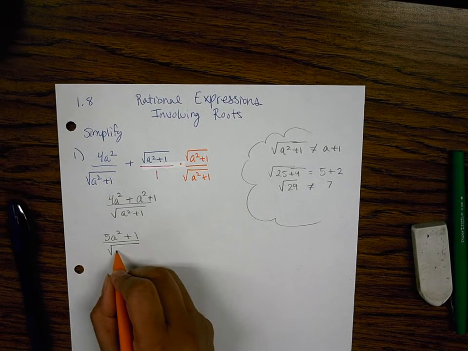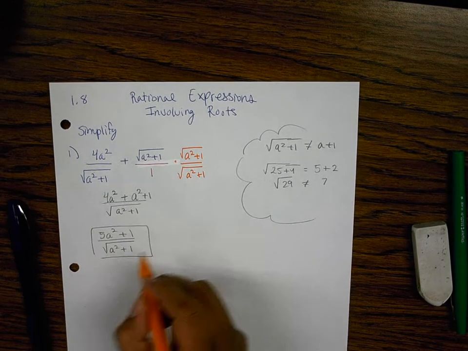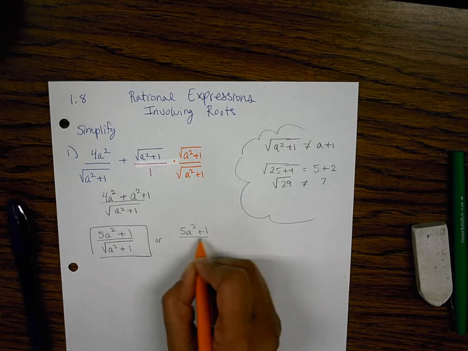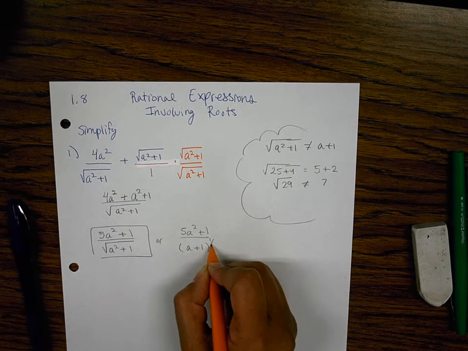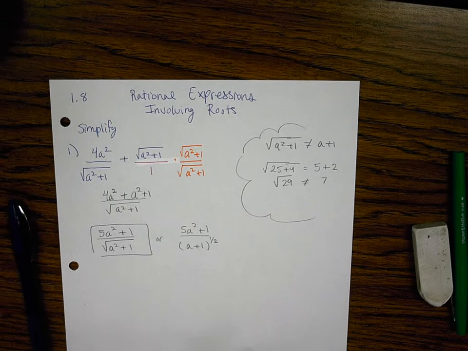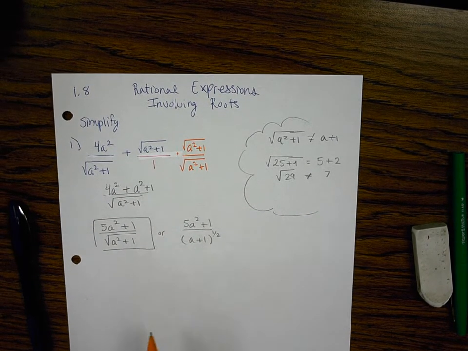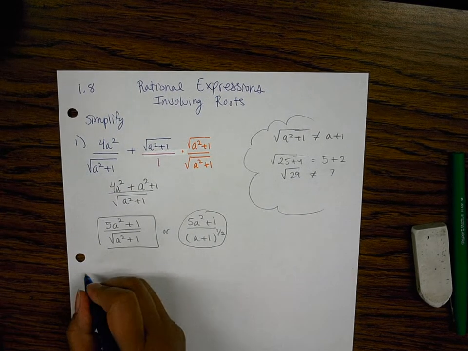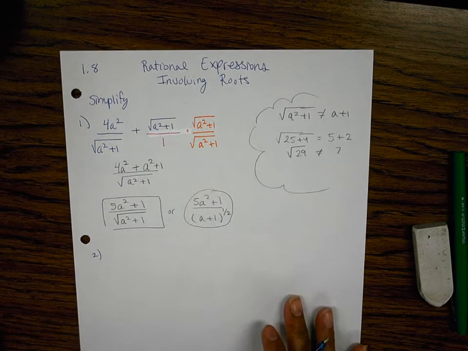Terms, 5a squared plus 1 over the square root of a squared plus 1, or 5a squared plus 1 over parentheses a squared plus 1 close parentheses raised to the 1/2. Remembering from Math 2 that a square root is the same as a 1/2 power. You don't have to change it to that, you just need to know that it's the same thing.